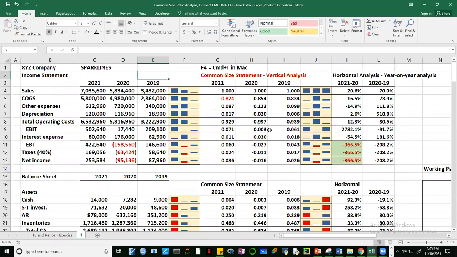No? 0.003 per peso of sales. So that means it will not be able to cover interest expense or other expenses. Kung meron pa, although tapos na yung operating expense. No? That's why we got a profit margin of negative 0.016, which means that for every 1 peso of sales, we were losing out 1.6 centavos. Okay? Lugi pa yung company.